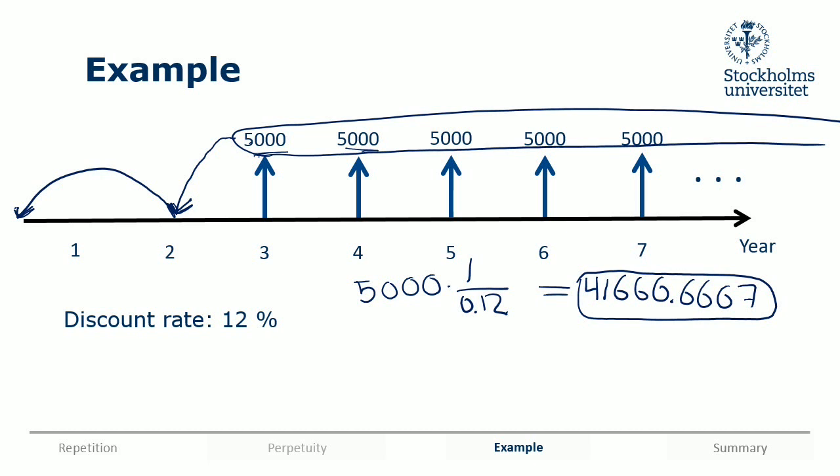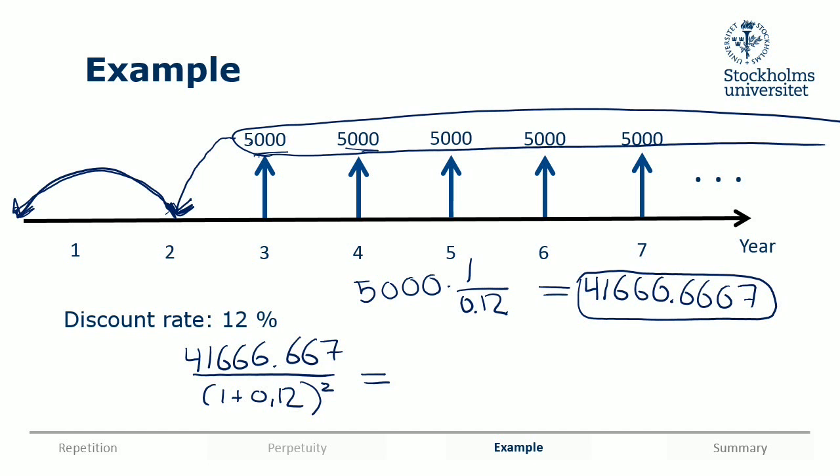We take 41,666.667 and divide by 1 plus the interest rate, which is 12%, raised to the power of 2, because we want to move it from year 2 to year 0, which is 2 years.